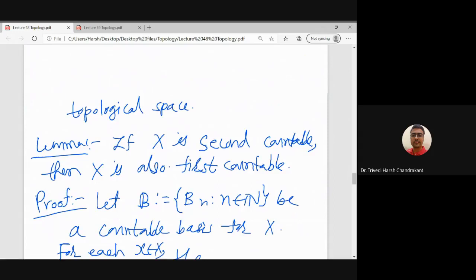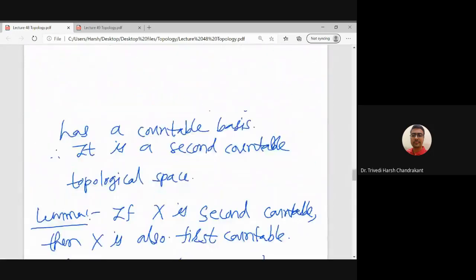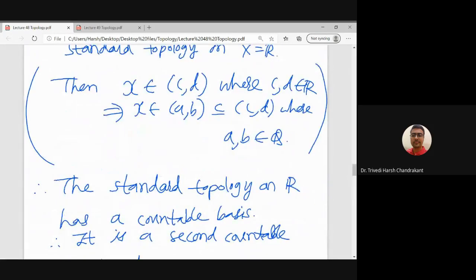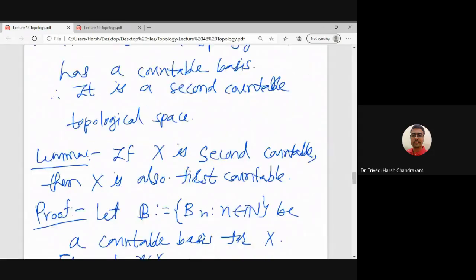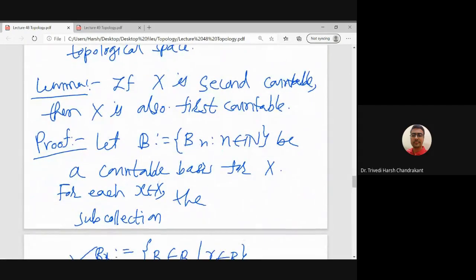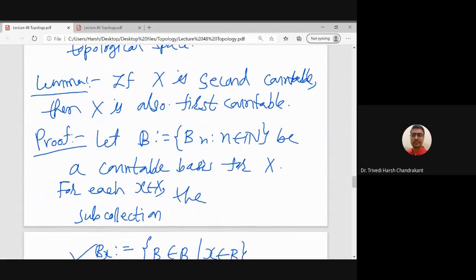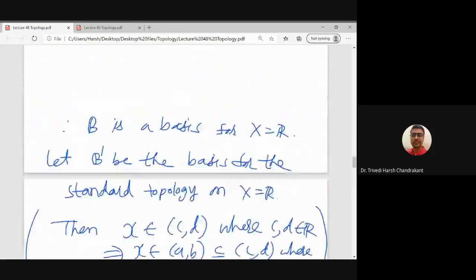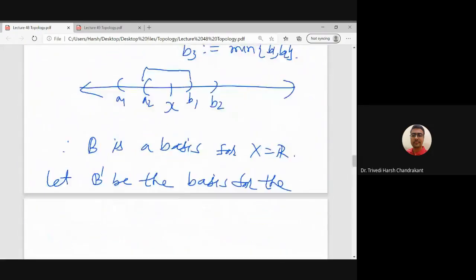A similar argument we can give in this case. One part we have already discussed, that one of the topologies is stronger than the other. The other part is trivial. So the set of real numbers with the standard topology is a second countable space.